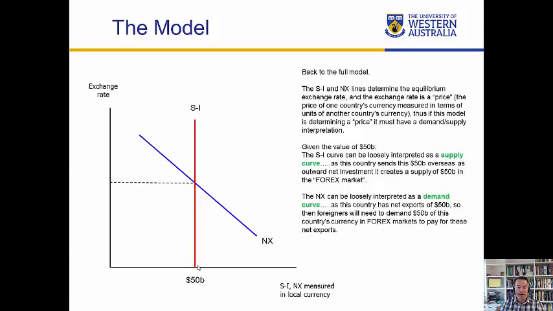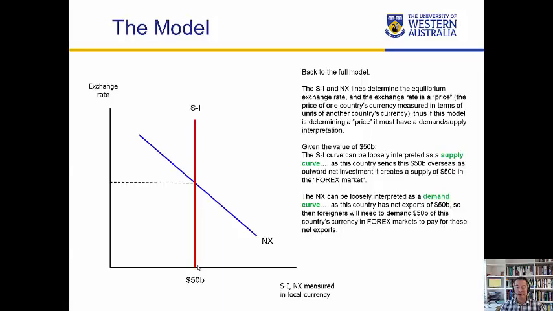But as that money moves overseas, it needs to be converted from local currency into foreign currency in the foreign exchange market. So as that $50 billion of excess savings from the S minus I line flows overseas, it will create a $50 billion supply of this country's currency in the Forex market.